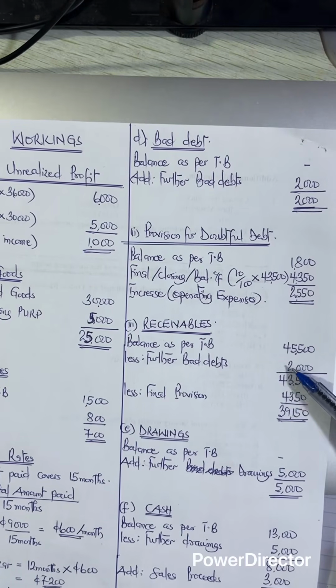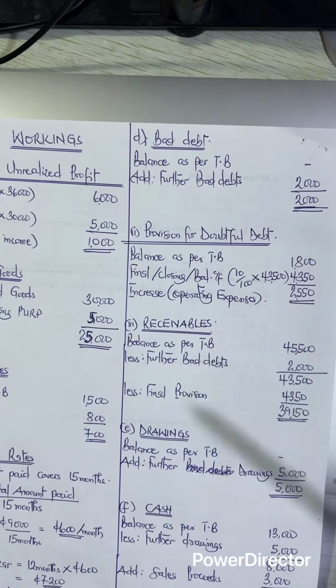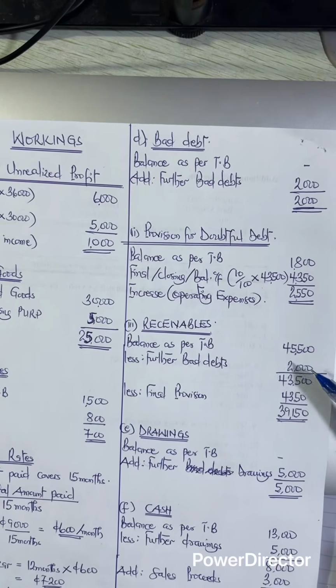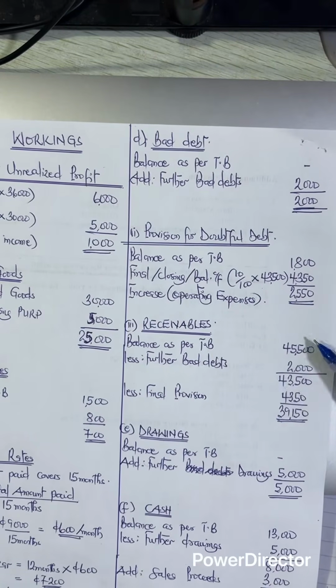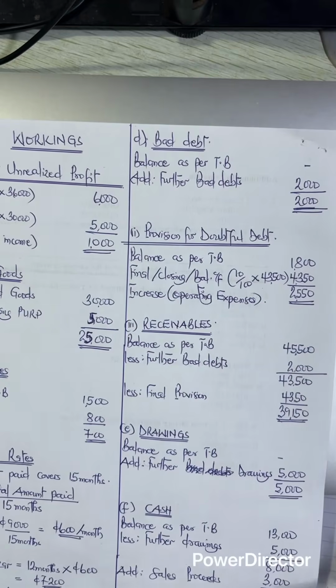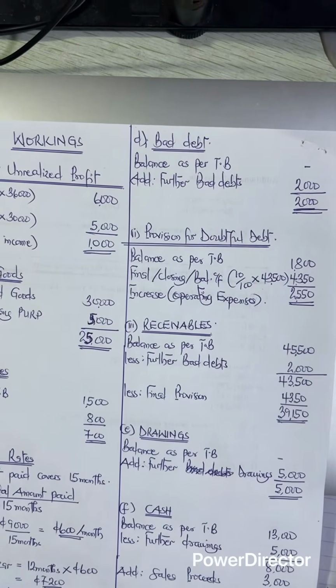In case we are not having any further bad debt, then we would have applied the 10% straight on the 45,500. But this further bad debt means that the accountant couldn't take recognition of it and you have to do it. That's why we are deducting first. Because if you don't deduct, bad debt is a debt that you can't recover. So this 45,500 tells you that this amount of money people are owing you, they have to pay.